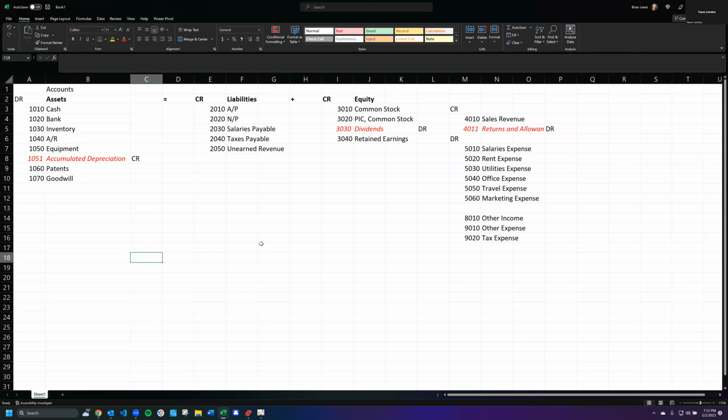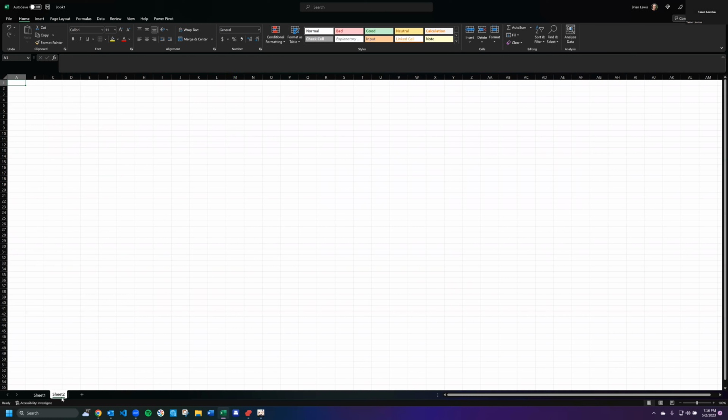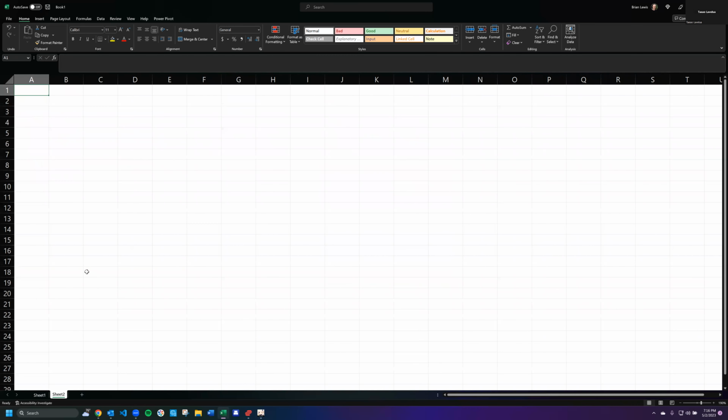Okay, so in the olden days, you might have ledgers, right? Books. And those books would have on them, let's just think of it like this, a cash ledger.